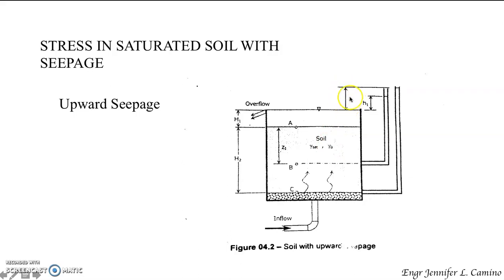This small h is the loss in head caused by the upward seepage between point A and point B. The total stress at any point in the soil mass is due to the weight of the soil and the water above it. So if you're going to compute the total stress at any point in the soil mass, that is equivalent to the weight of the soil and the water above it.